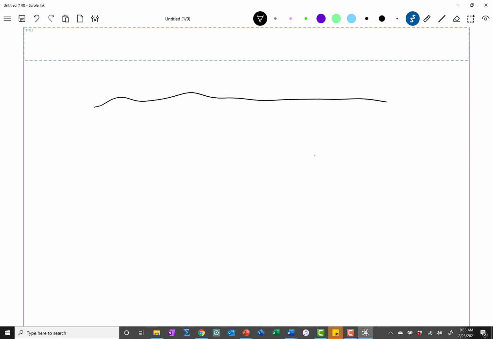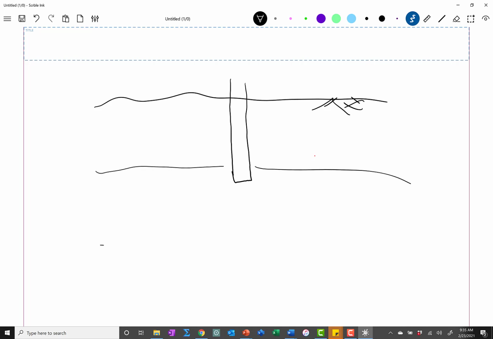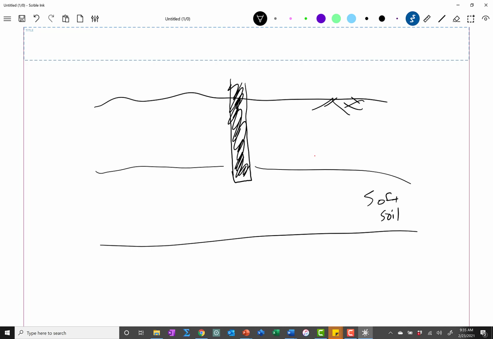So here's my ground surface, and I want to build a new building. And so I'm driving a new pile into the ground. Okay. Now let's say that somewhere down here I have a really soft soil layer. So soft that this pile that I'm driving down through this soil meets almost no resistance here at the end of it. Okay.